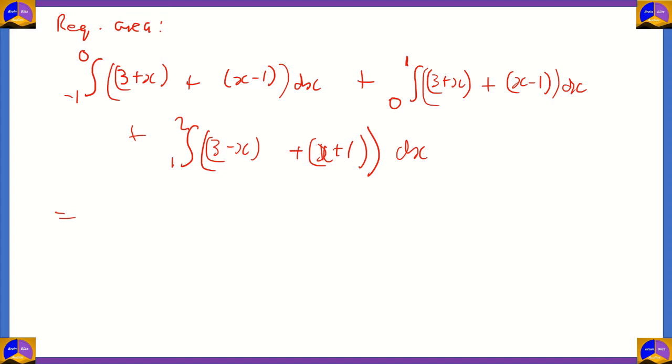So all of these are separated by plus and minus, so on integration you will have 3 times integral -1 to 0.